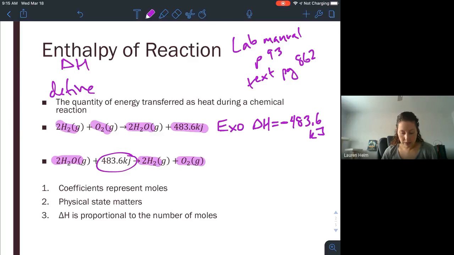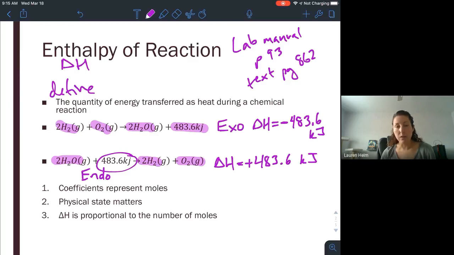That tells us this is an endothermic reaction, something where heat is required. Heat is a reactant as part of our reaction. We would write this enthalpy as a positive 483.6 kilojoules.